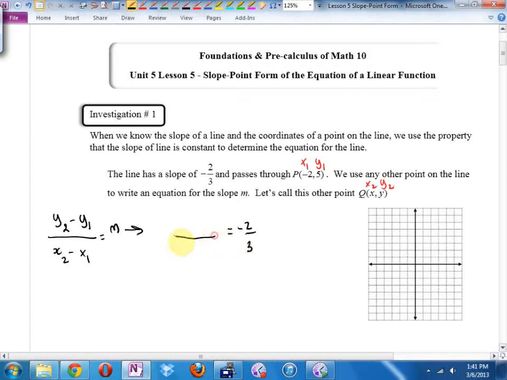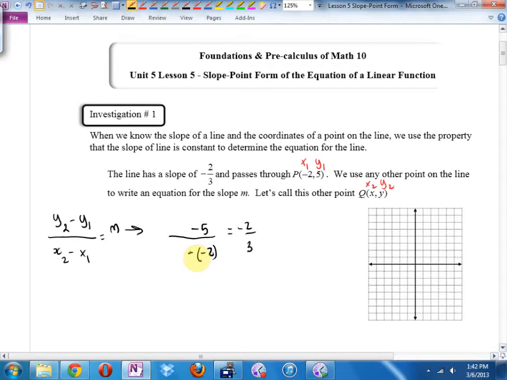I'm going to put a little fraction bar right there, because there's my slope formula. I know x1 and y1. y1 is a 5 with a minus sign in front of it, because it's y2 minus y1. x1 is negative 2 with a minus sign in front of it, because it's x2 minus x1.